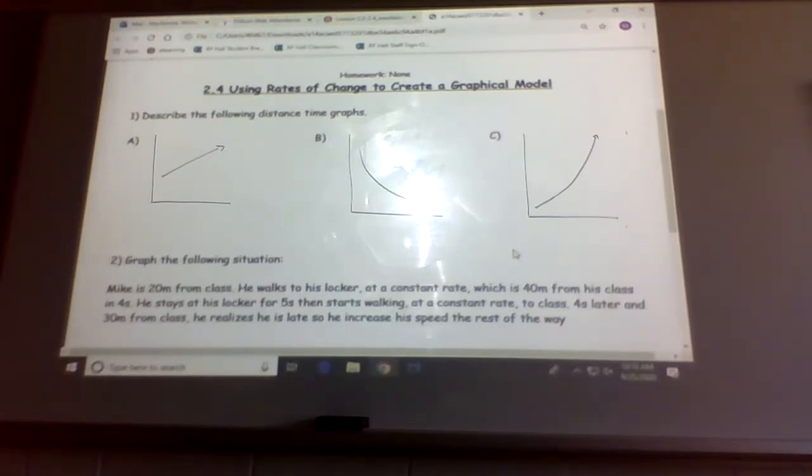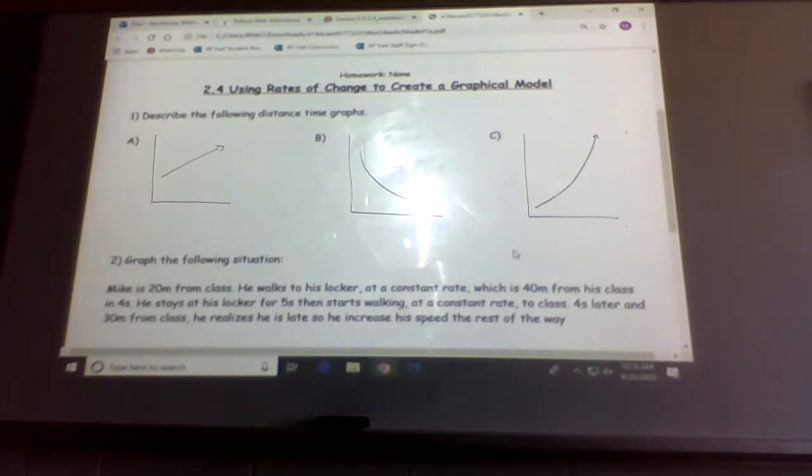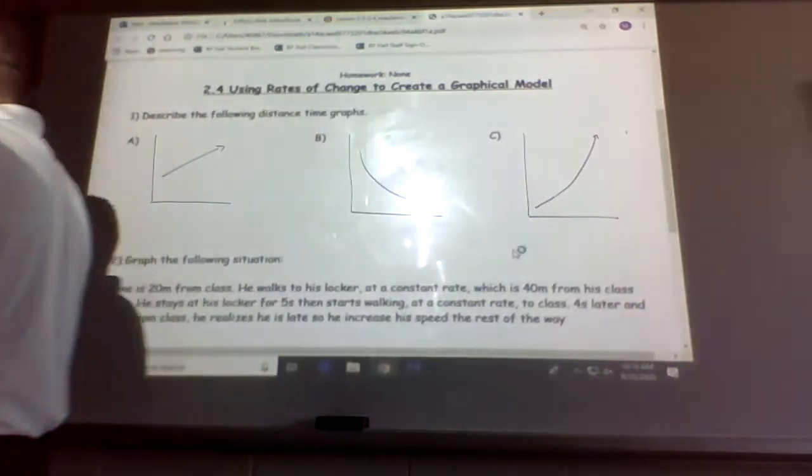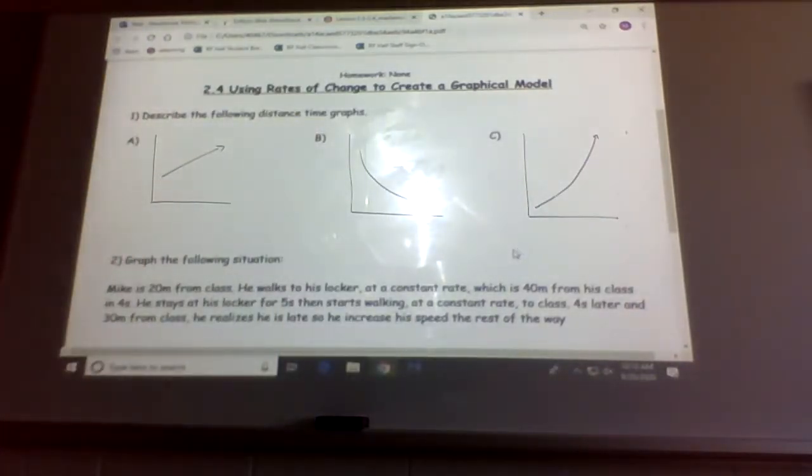In grade 9, you learn distance time graphs. It's actually in chapter 2 as well, grade 9, 2.6. We're supposed to expand into speed time graphs, but we're not going to touch on those. So this is just a refresher about distance time graphs.